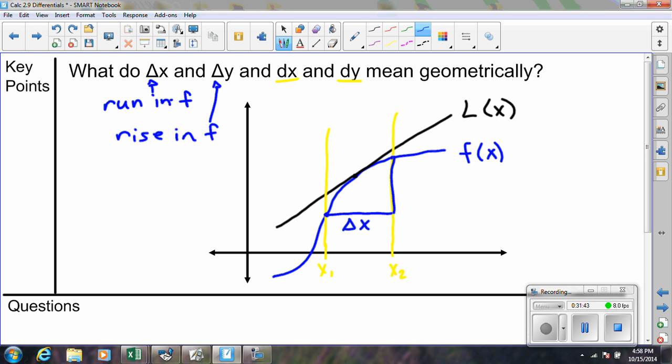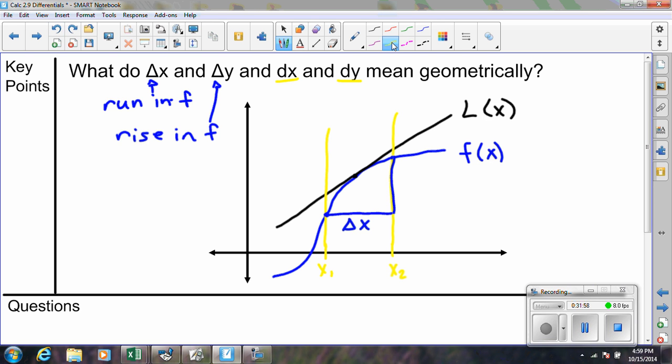Basically, if we're doing a secant line, these are the pieces that make up the slope of our secant line. But when we do the tangent line, this is what we are running into.